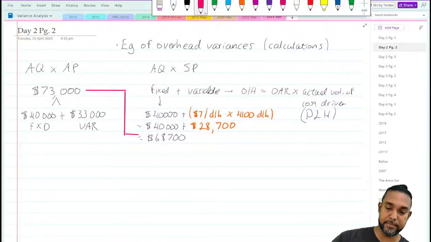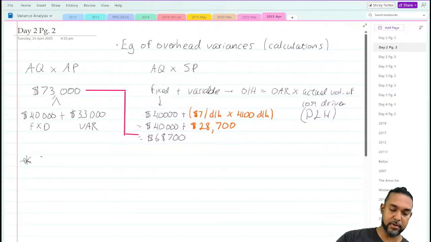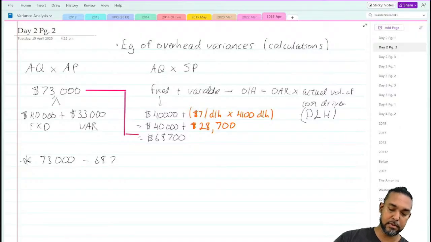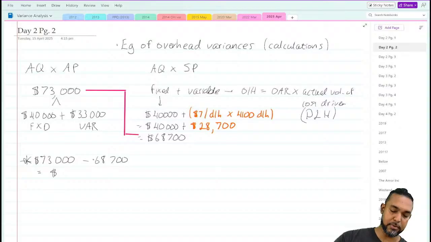So if we compare the 73,000 with the 68,700, we get $4,300. Sorry, I should have put dollar signs. $4,300, and it's unfavorable because we actually spent more than we were supposed to.